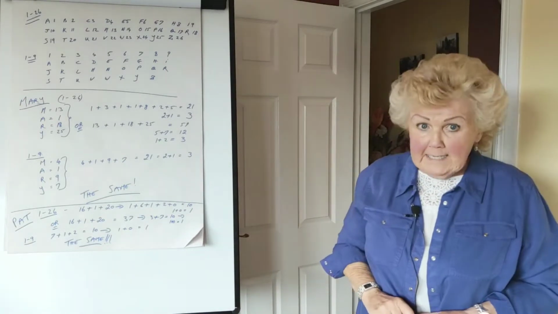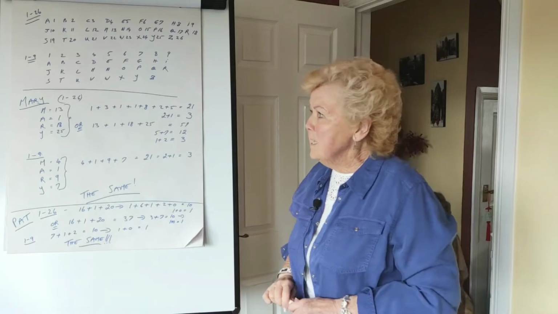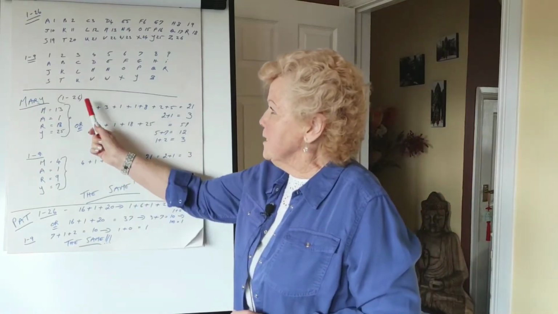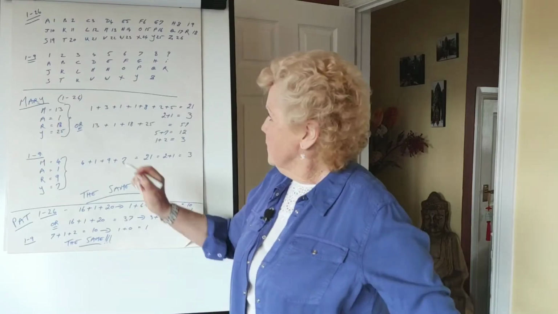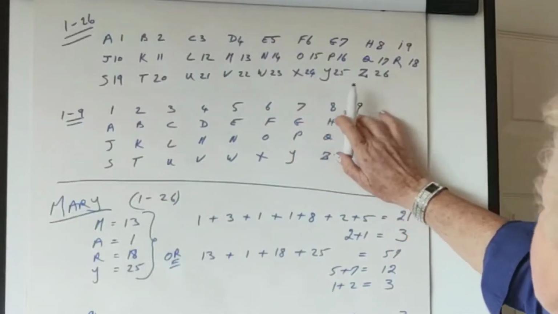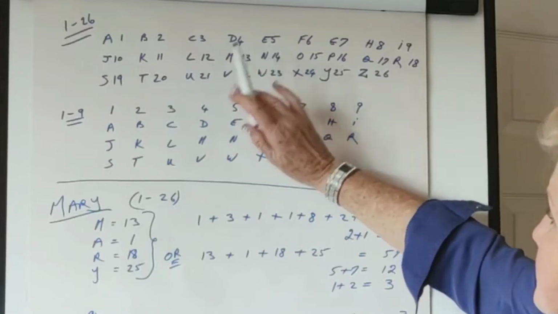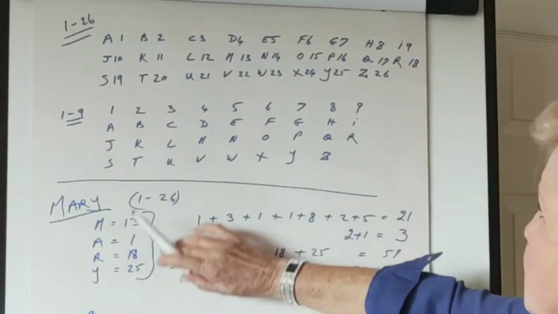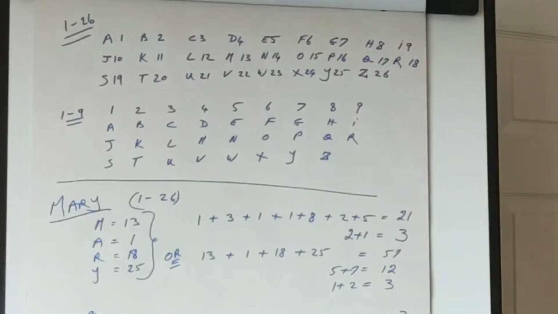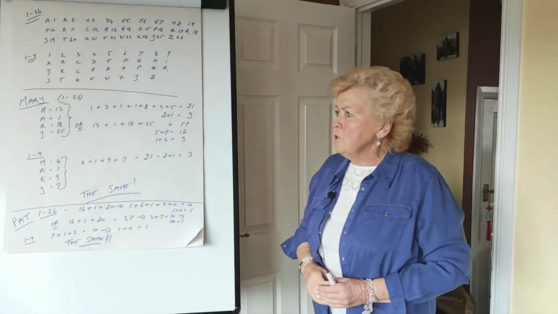Now, let's apply this to the name Mary. We're going to use 1 to 26 first of all. So M equals 13, A is 1, R is 18, and Y is 25. Let's reduce the name Mary to a single digit.